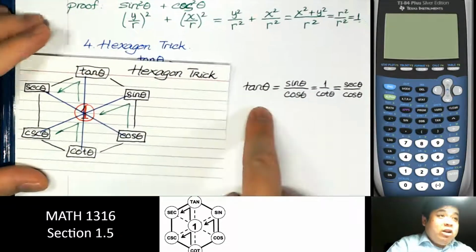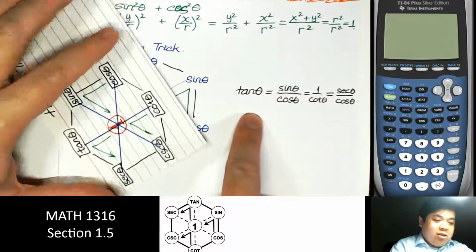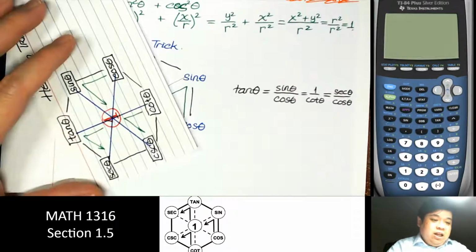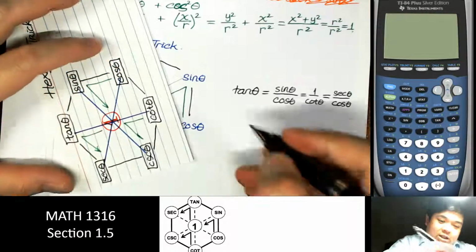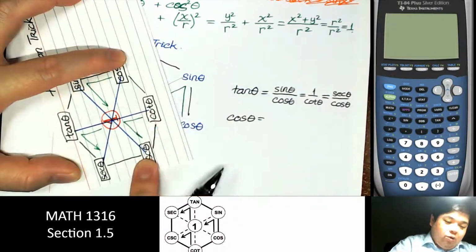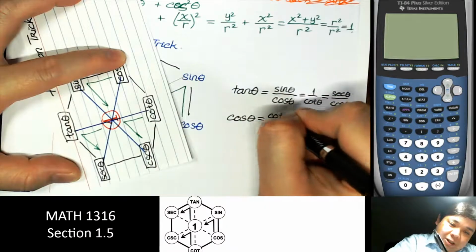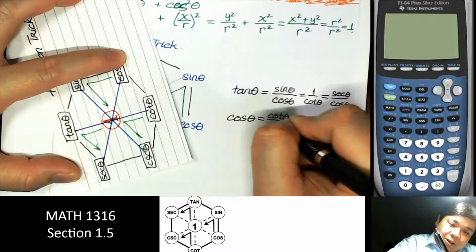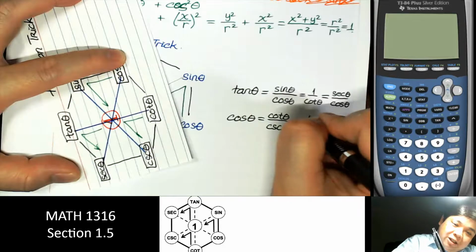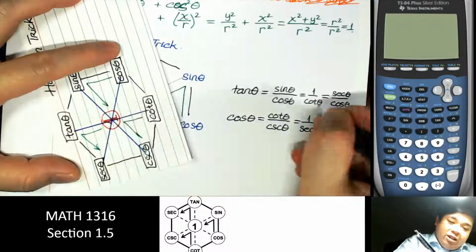Right, now we did it for tangent. Now let's rotate and put cosine on the top. Cosine now is on the top. If cosine is on the top, what we see is cotangent over cosecant, one over secant, and sine over tangent.